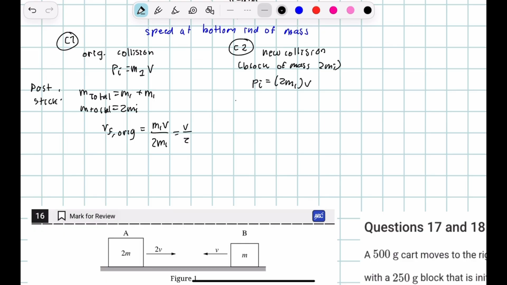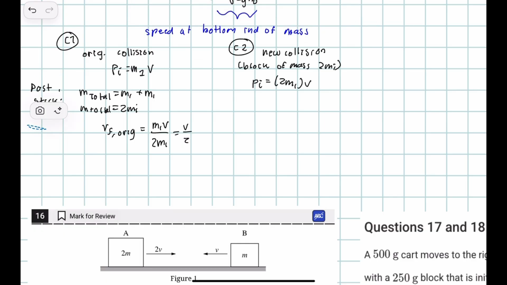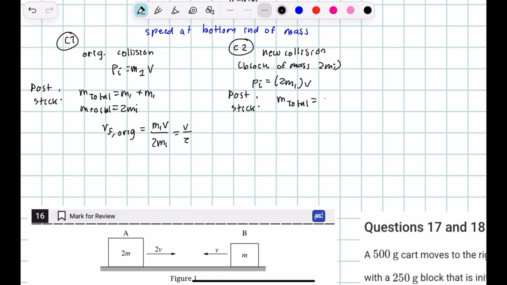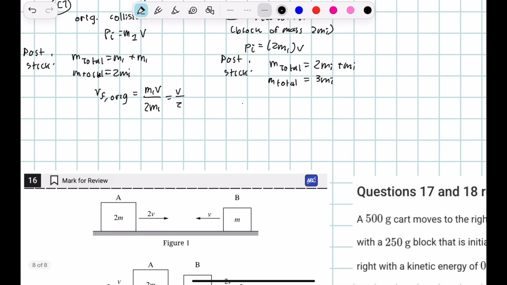The total mass post stick is going to be 2m1 plus m1, which equals 3m1 for m total. Now we find the final speed again. So vf new is going to equal 2m1v over 3m1, and that's going to equal 2 over 3 v.